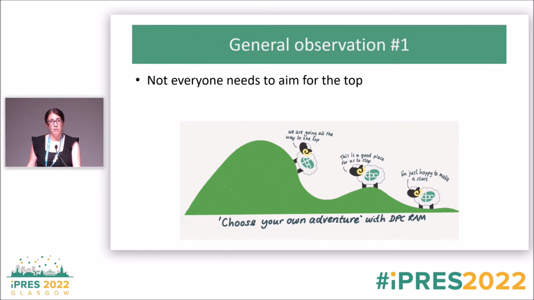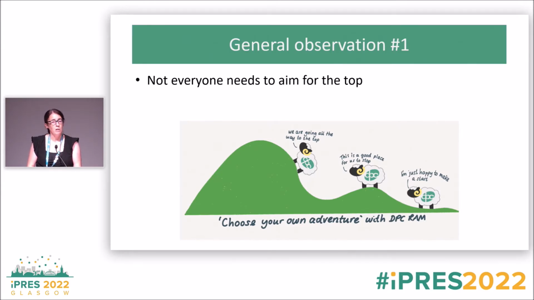But I have 7 more general observations to make just based on our work with RAM over the last 3 years. Firstly, not everyone needs to aim for the top with RAM. And it's really nice to see people giving proper thought to their target levels, not just assuming that the top of the mountain is the place that they absolutely need to be. So I very much like RAM as being a self-led journey.